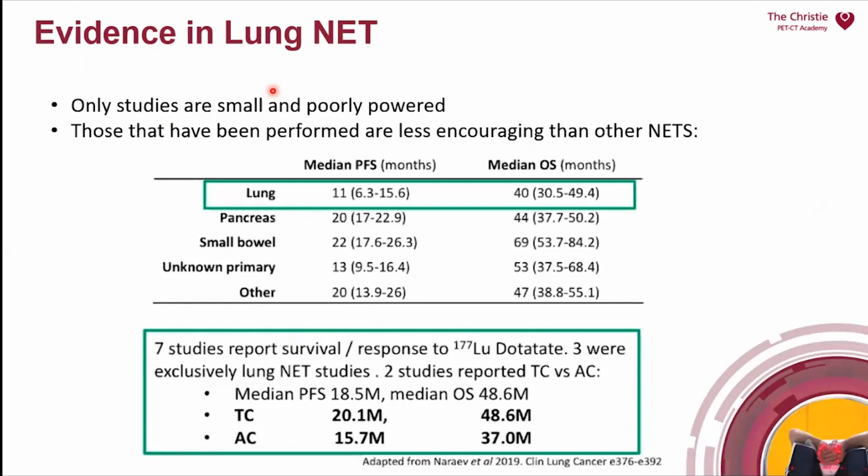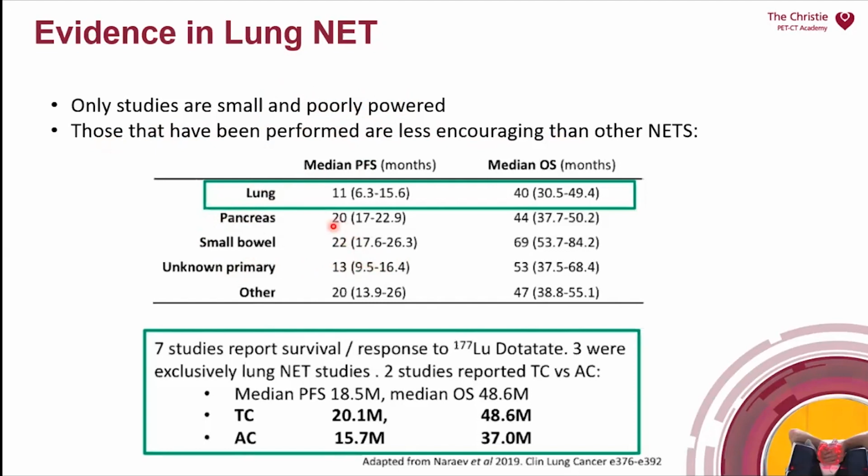We're just looking back at what had happened to patients who had the treatment in the past, and that meant they're poorly powered, which is where the study doesn't really have as much weight to justify using a treatment. And the studies that have been performed have been a little bit less encouraging for the lung tumors than for the other abdominal tumors.